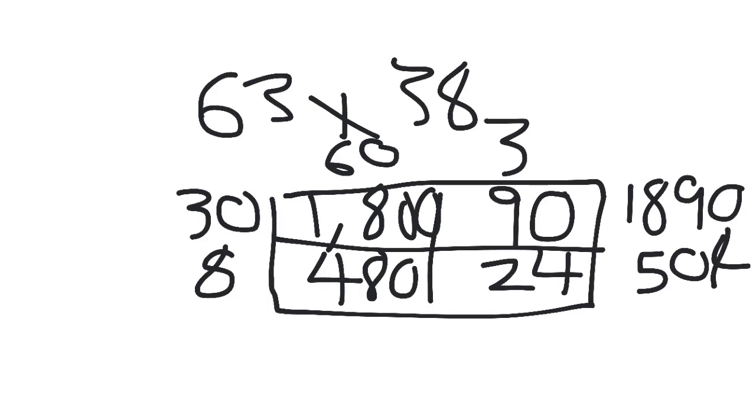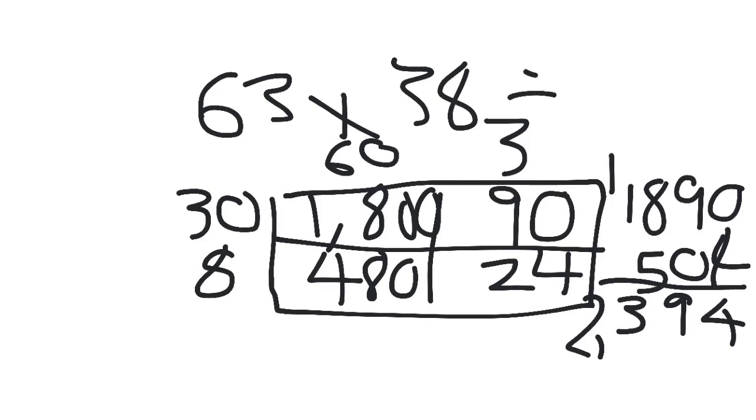Okay, and add that together. 0 plus 4, 9 plus 0, 8 plus 5 is 13, so I'll take my 3 there. Add a 1 into the thousands column. 1 plus 1 is 2. And there you go, I've got my answer, 2,394. That is the grid method.